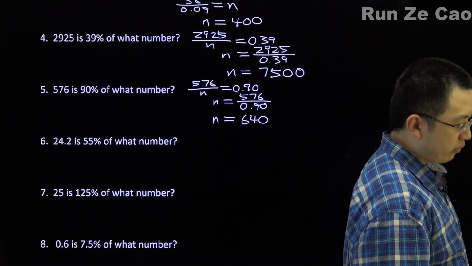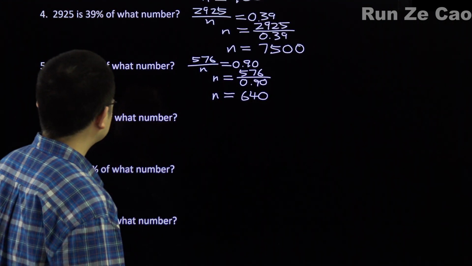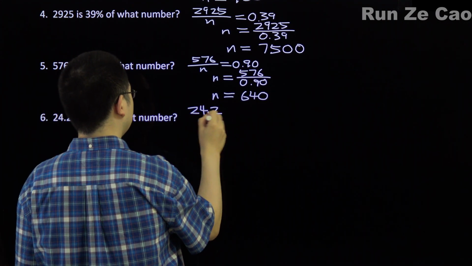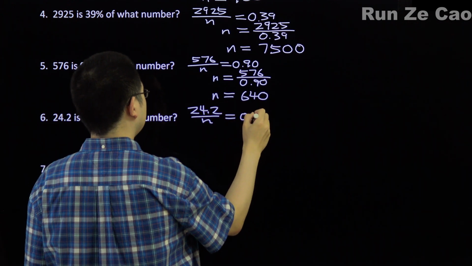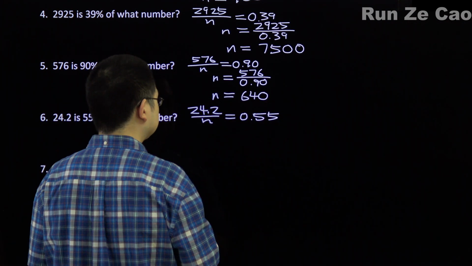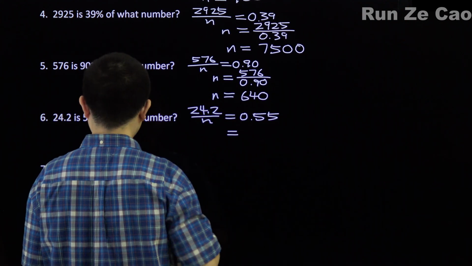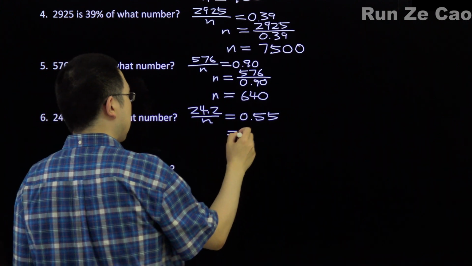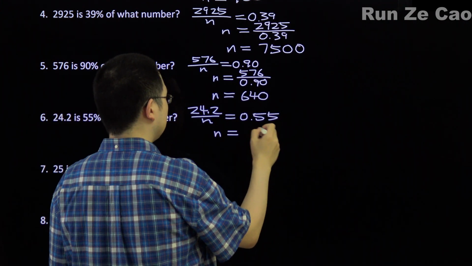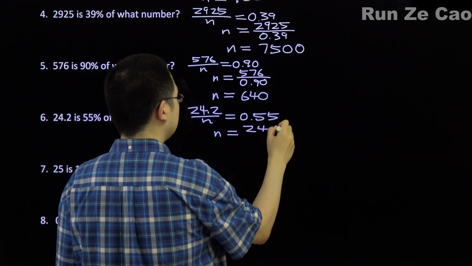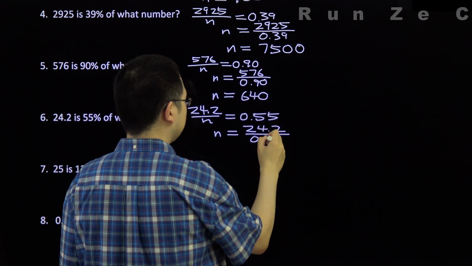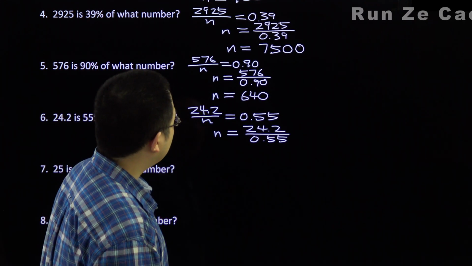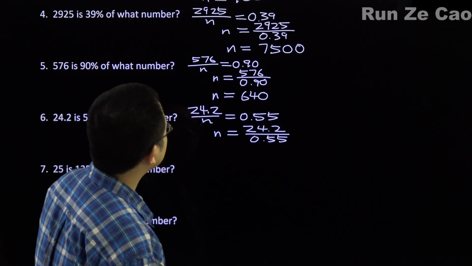24.2 is 55% of what number? 24.2 over n is equal to 0.55. That means we're looking at n is equal to 24.2 over 0.55. What happens if we cancel out a factor of 1.1?